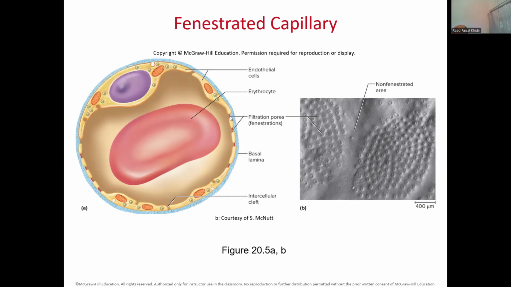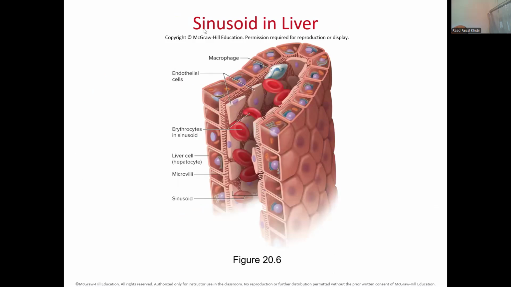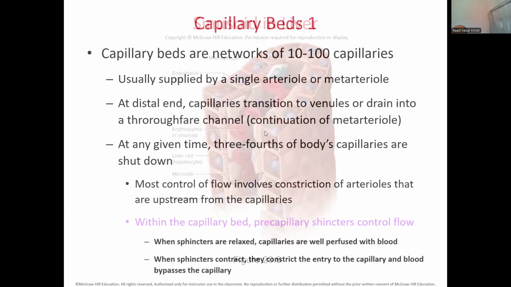So fenestrations are holes. These are filtration pores that allow for the passage of substance through them. Are we clear? Look at the sinusoids. These are irregularly filled blood sacs, and they are found in the liver as well as the brain.